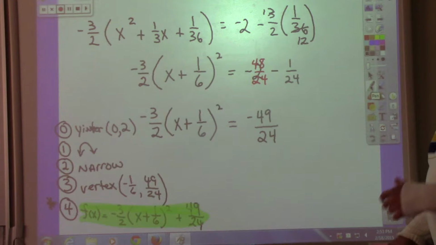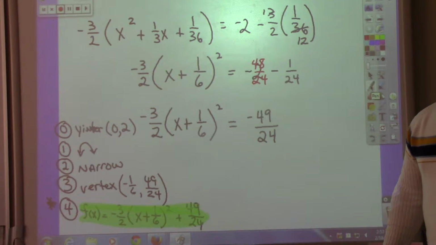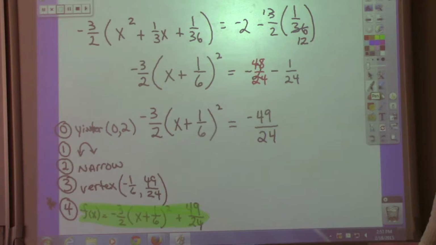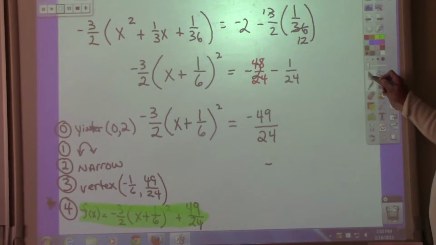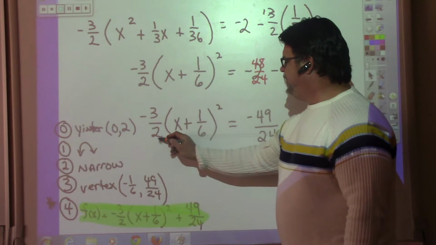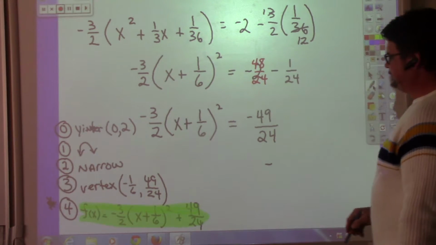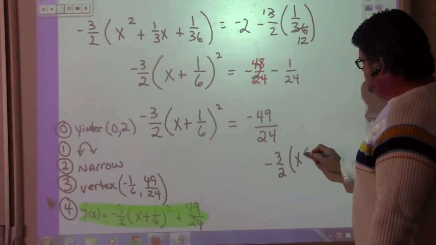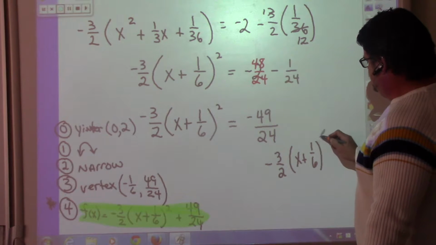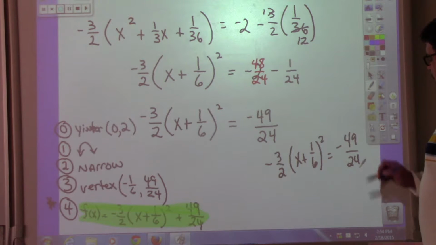So now, what's the only thing we got to do to get our x-intercepts? Solve for x, Hubert. That's right, class. Appreciate the interaction. So negative 3/2 (x plus 1/6) quantity squared is equal to negative 49 over 24.